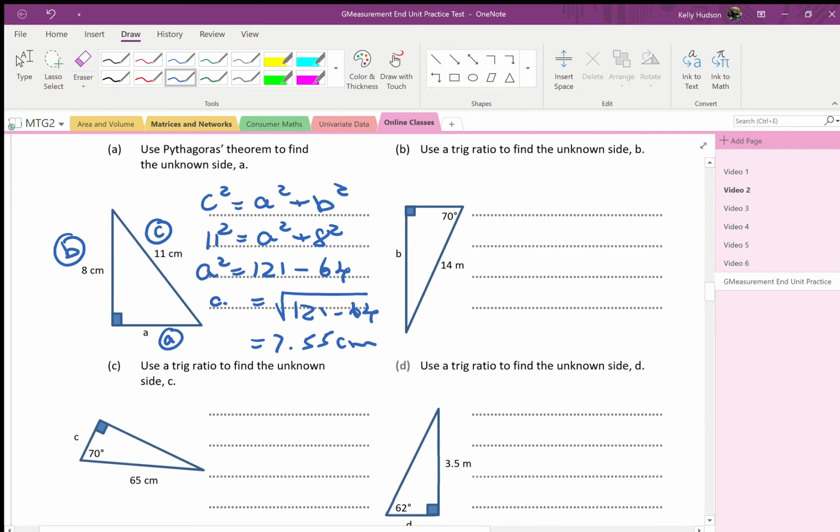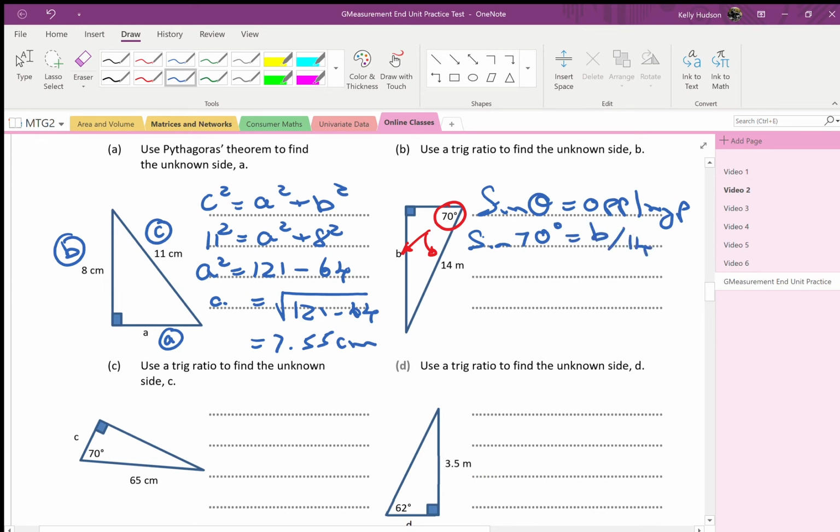Alright, the next one is a sine, cos or tan, because in the corner I've got an angle. I've got 70 degrees. So I look at my triangle and I think, what sides do I have? I've got my opposite side and I've got my hypotenuse side. So opposite and hypotenuse is going to be a sine. So sine of theta is my opposite divided by my hypotenuse side. So we go sine of 70 degrees is equal to my b divided by 14.